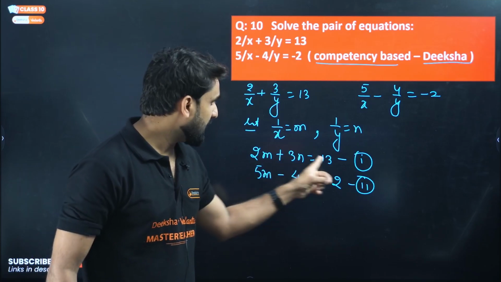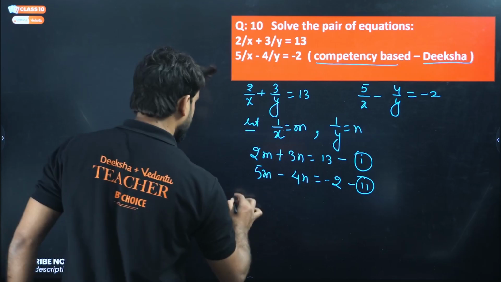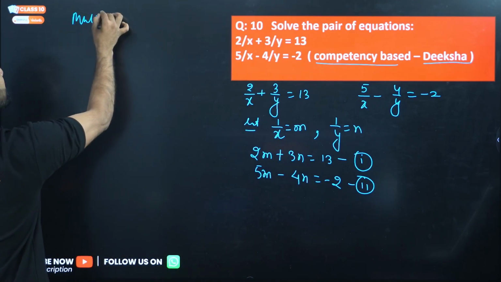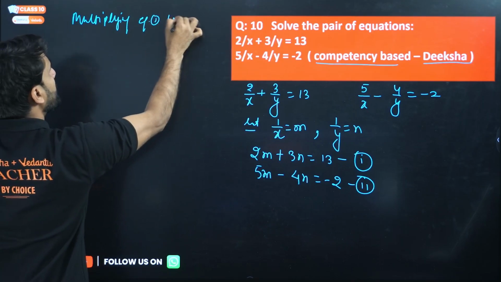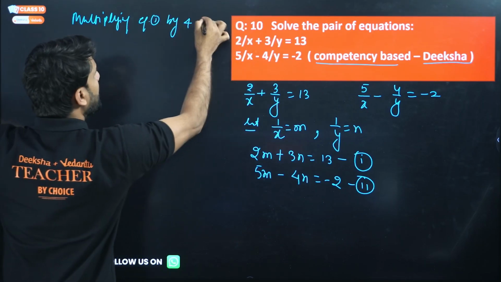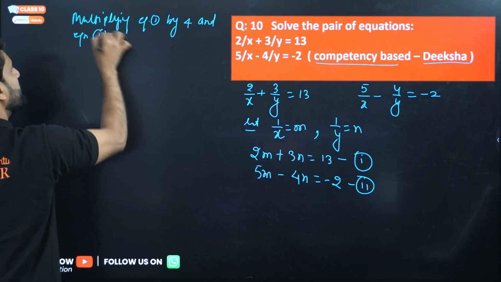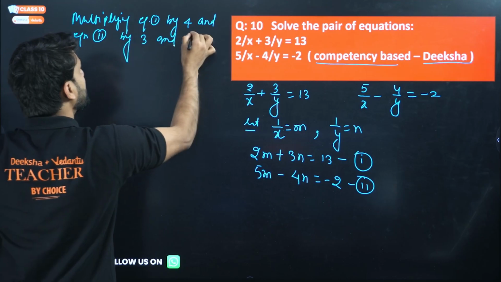So I'll be multiplying equation 1 by 4 and equation 2 by 3, and adding.